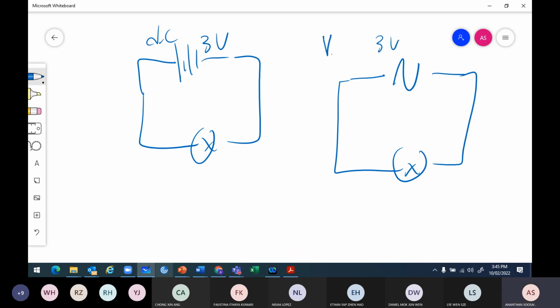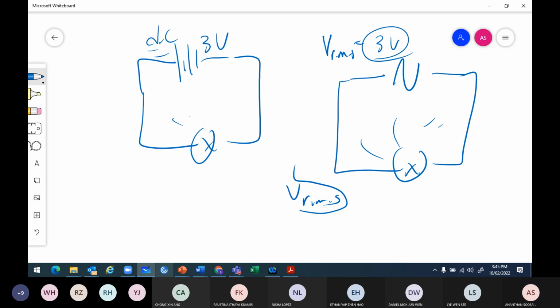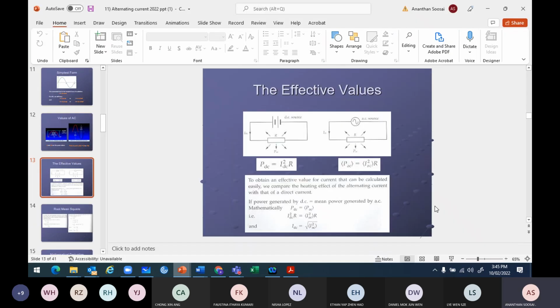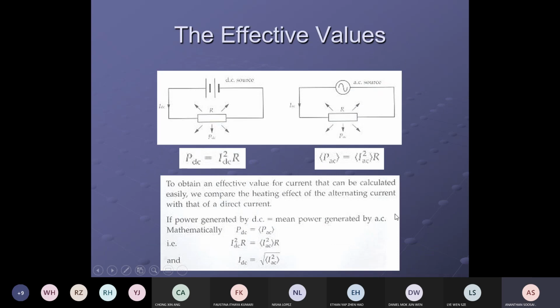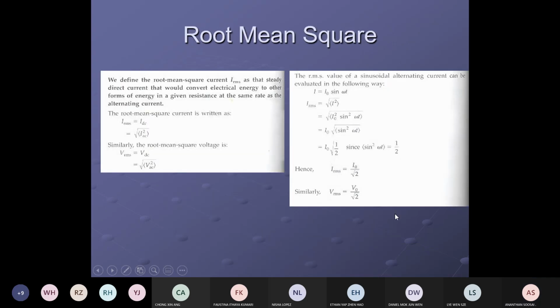The VRMS, the RMS voltage of this AC, must be 3 volt. It will give the same brightness as the 3 volt of DC. So this is the RMS value. Any questions?